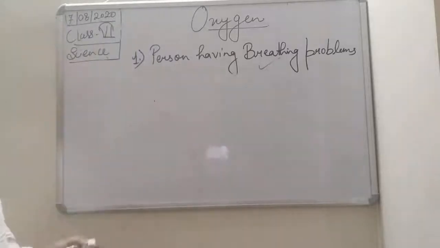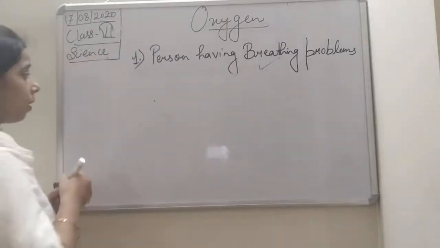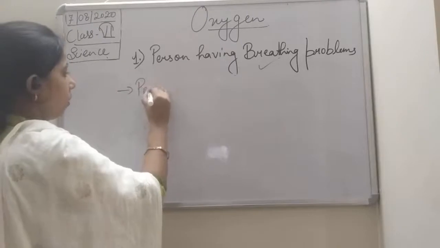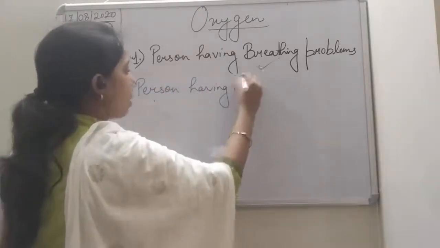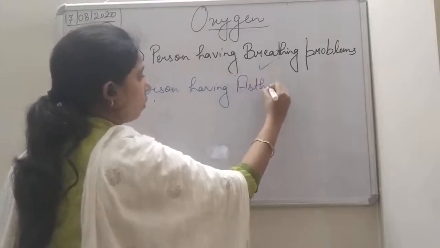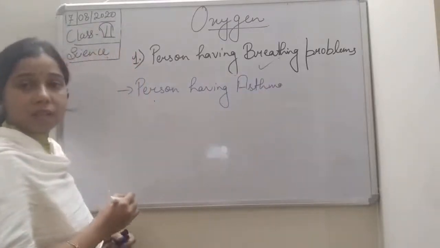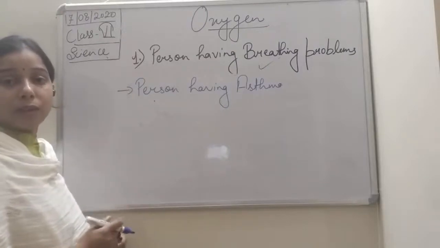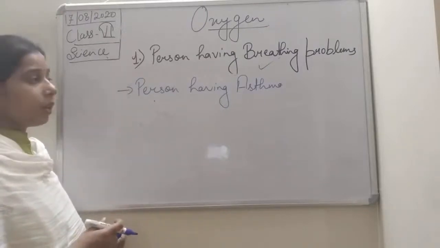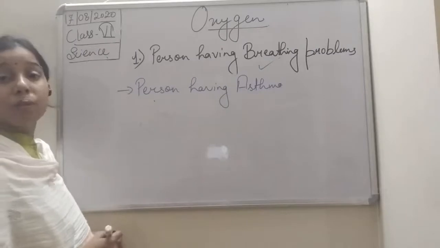So in the first case, what are the different conditions, students? The first one, a person having asthma. Asthma is a kind of breathing problem due to which a person is not able to breathe properly.